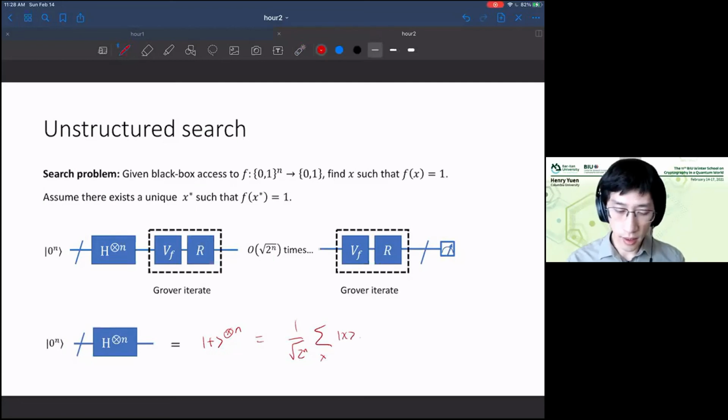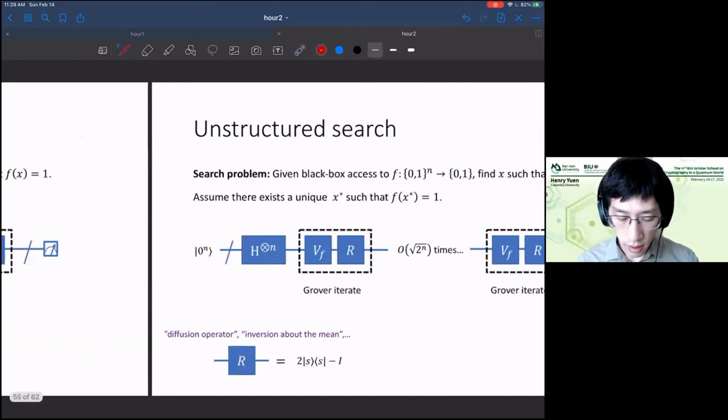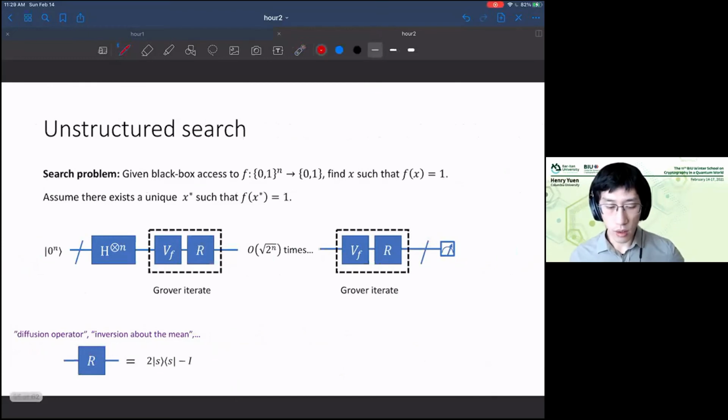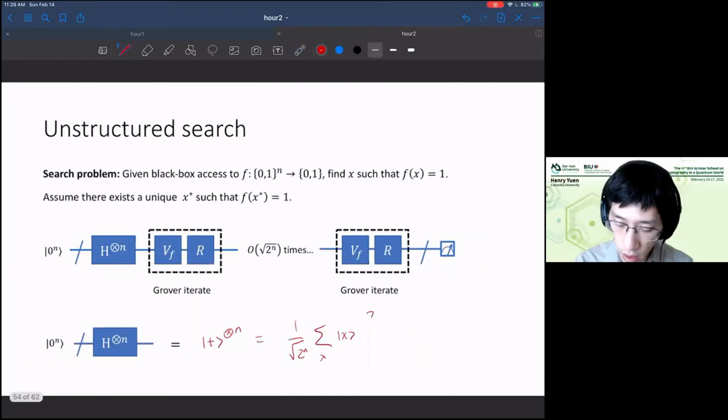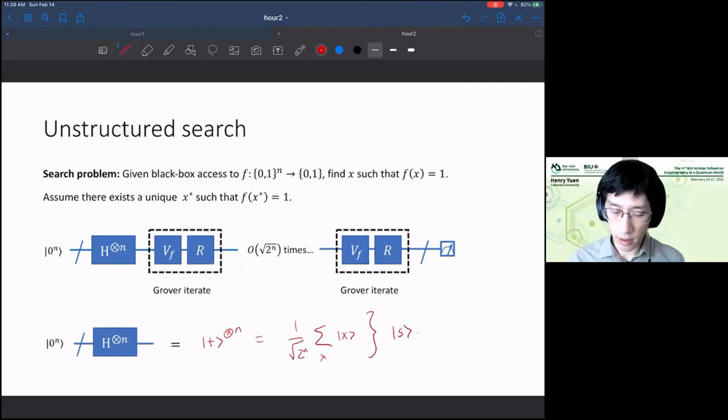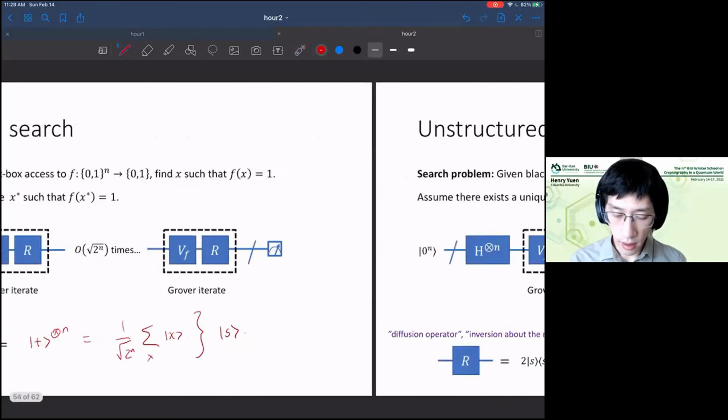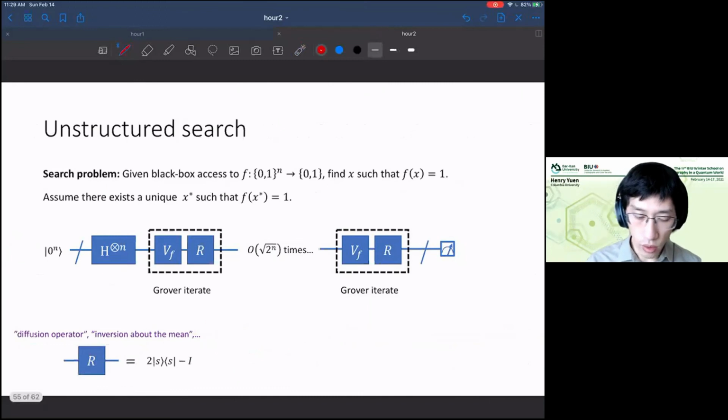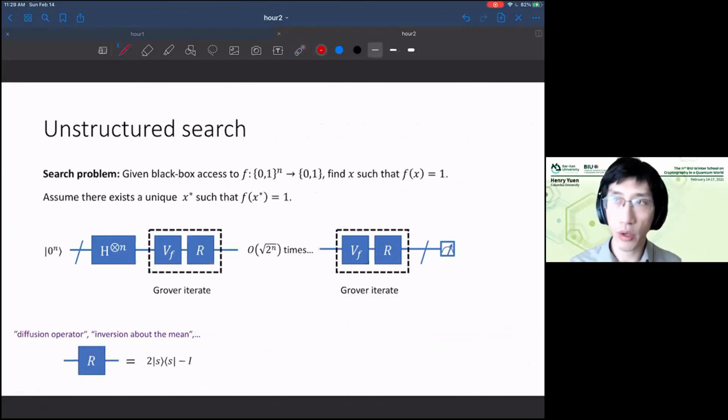That's the state after these n Hadamards, and then we apply these Grover iterates over and over again. I'm going to call this state S, for equal superposition. And V sub f is the phase oracle I mentioned.